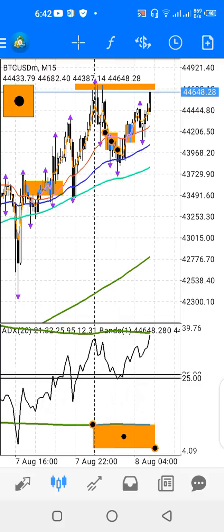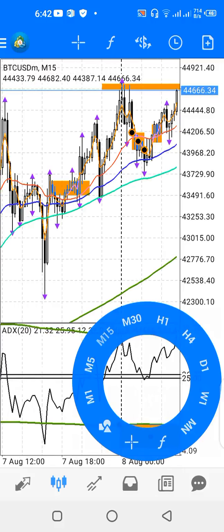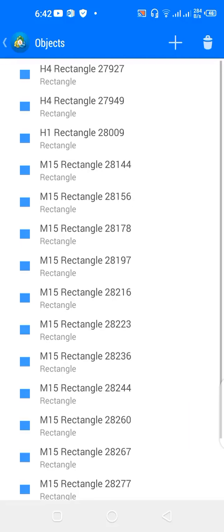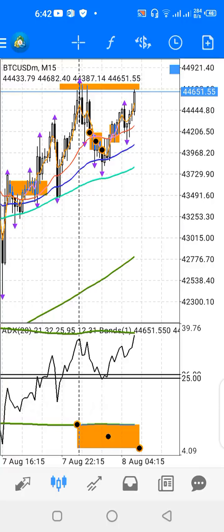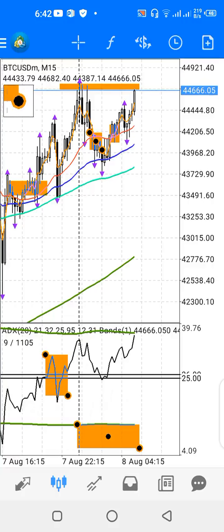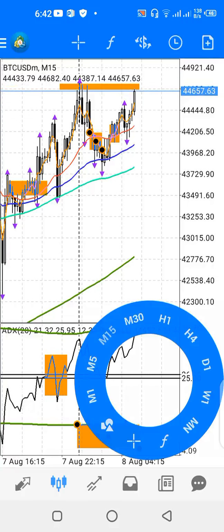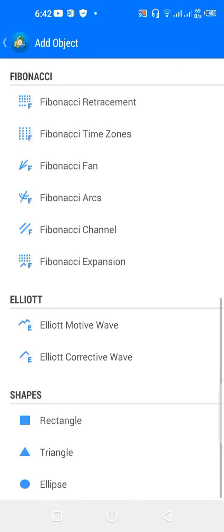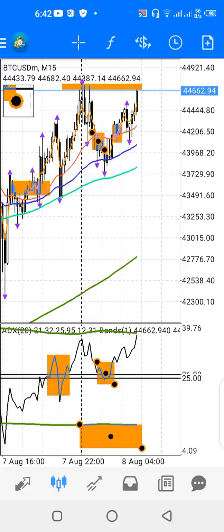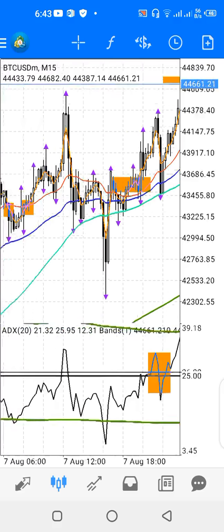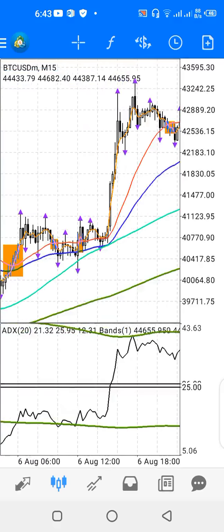Now, when this black line crosses the 25-26 ADX line, it's good for you to buy. As long as the black line continues to stay above the 25-26 ADX line, you can always buy confidently. You don't have any issue. Okay, so that's for when to buy.